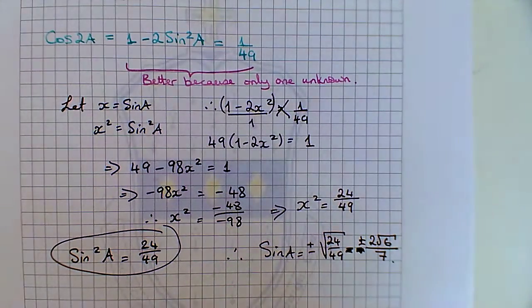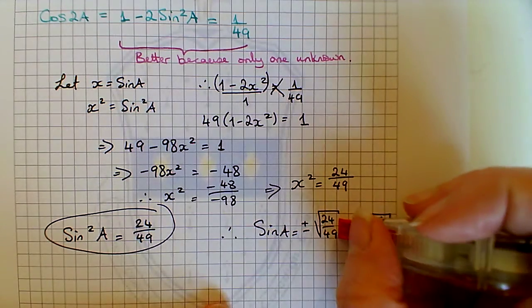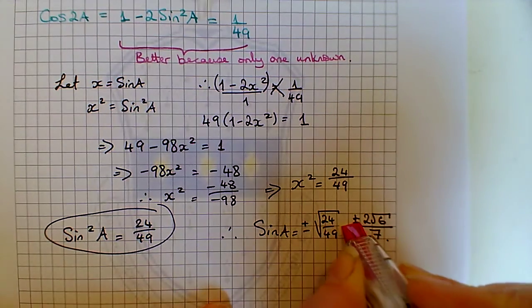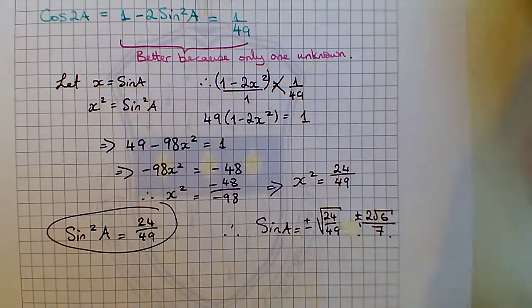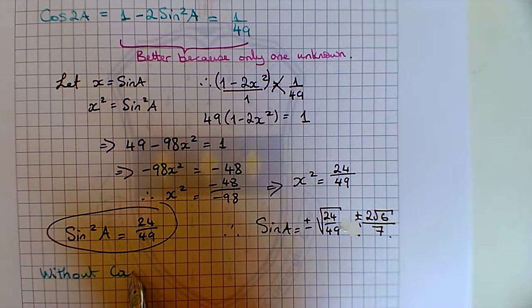How do you find cosine when you know sine? Now they said not using a calculator. So of course we could do sine inverse. And if you were really stuck, you might as well do that because you'll get partial credit for it. Use the calculator if you get stuck. But how do we do this without a calculator? Without a calculator, you need to draw a triangle and use opposite over hypotenuse.